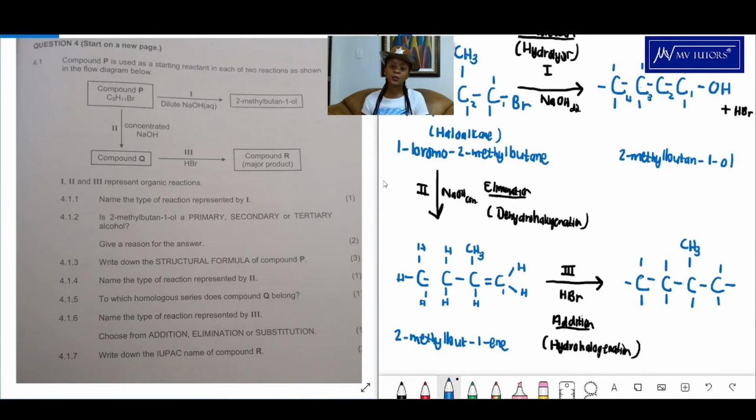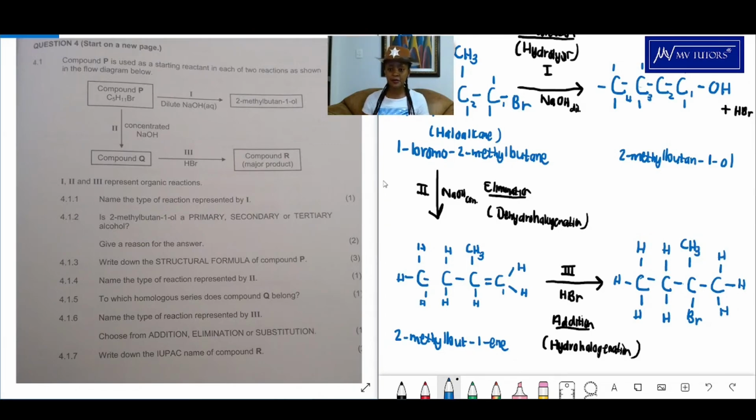So I would rather put the bromine atom on the second carbon, and put the H atom on the carbon that has the most hydrogens. So my first carbon will just be surrounded by hydrogens, and the second carbon will have the bromine there. You can go and read about Markovnikov's rule, and it actually explains this quite well, especially if you're confused.